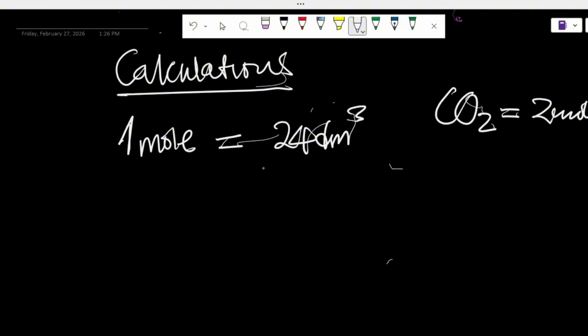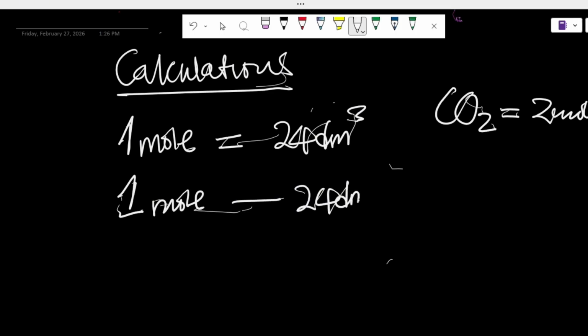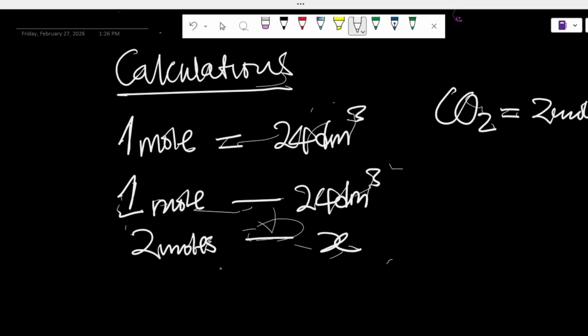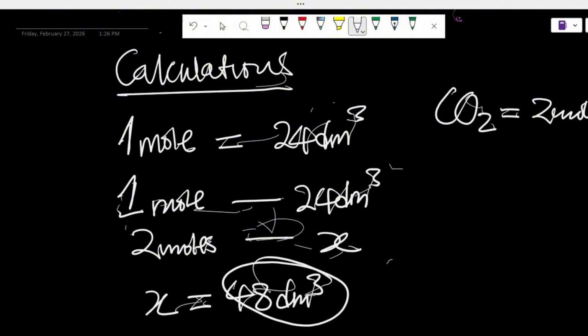So you can just use the mole ratio here. 1 mole gives you 24 decimeter cubed. How much volume are you going to get for 2 moles? So in this case, you just have to cross multiply. X is going to give you 48 decimeter cubed. And so this is the volume of carbon dioxide having 2 moles and at room temperature and pressure.